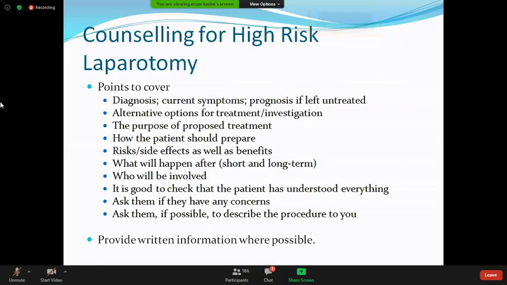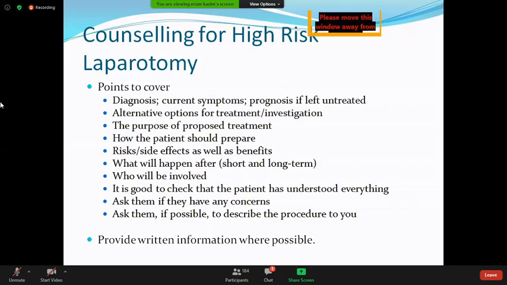So it's possible that the attendant or the patient will say that we are not willing for the surgery. Leave it, please. I don't want any treatment. So you have to tell him the prognosis if he will be treated and if he will not be treated.